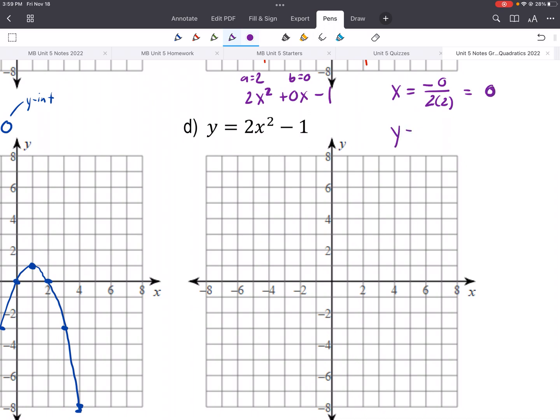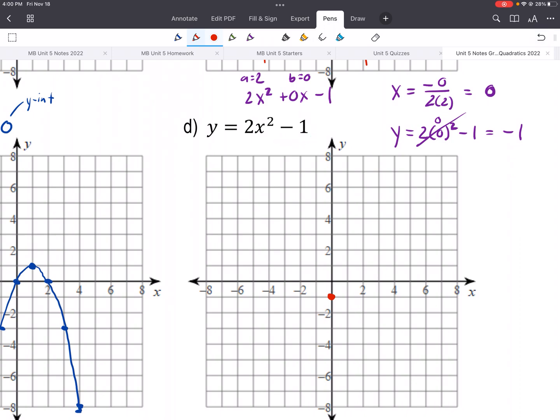And then we'd still need to plug that in for our equation. So 2 times 0 squared minus 1. So this is just 0, but we still subtract 1. So our vertex here would be 0, -1, which makes sense because that's our y-intercept is -1.